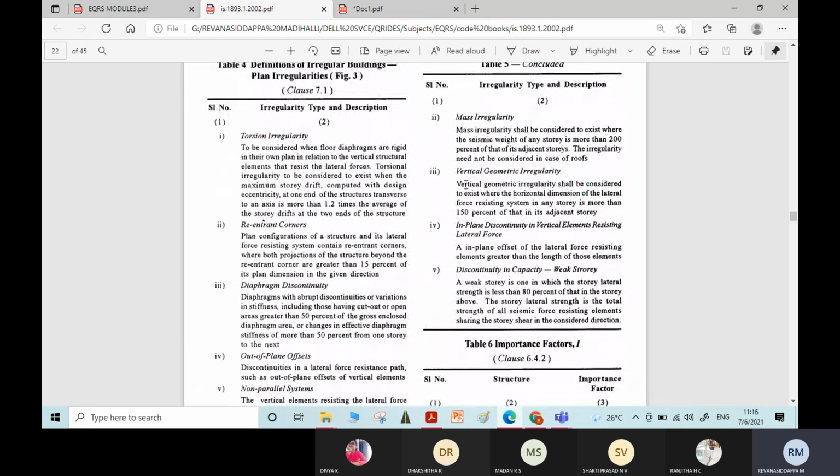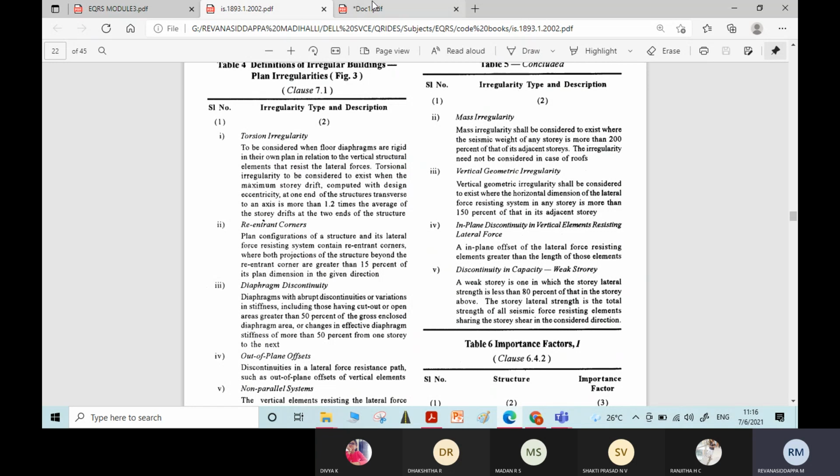Vertical geometric irregularity shall be considered to exist where the horizontal dimension of the lateral force resisting system in any story is more than 150% of that in the adjacent story.